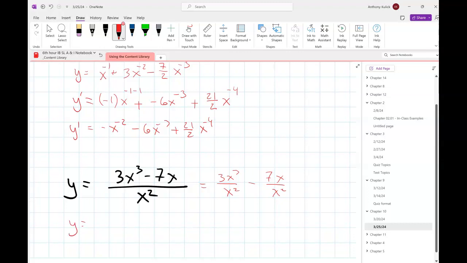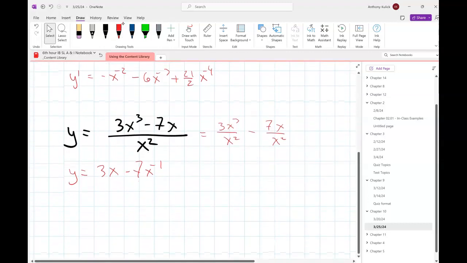3x cubed over x squared reduces to 3x. And negative 7x over x squared reduces to negative 7 over x, but I'm not going to write it that way. I'm going to write it as negative 7x to the negative 1, right?